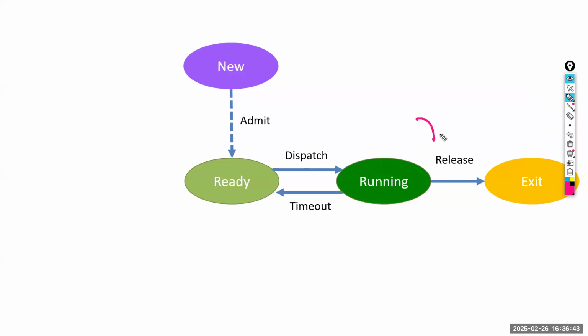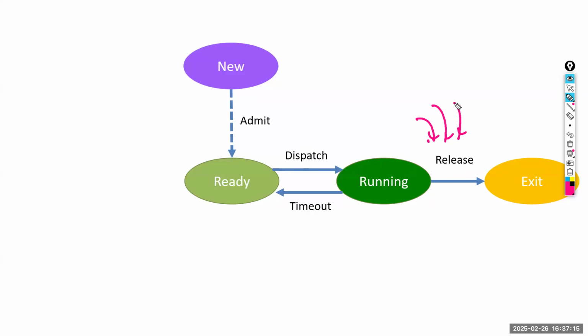There are multiple possibilities. One possibility is the program is done and the task is over. Another is that the user has terminated or exited the program. Another is that while it is in the running state, a critical error happened, so it can't proceed, and the system decides to terminate the program.